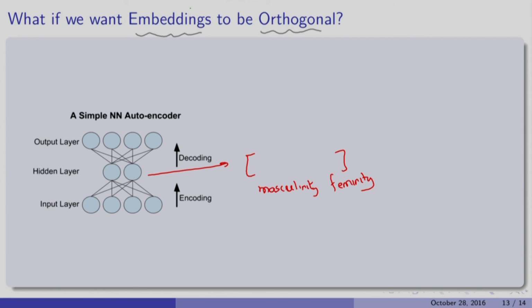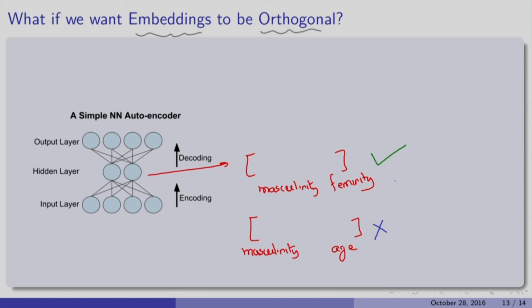This certainly is a case of nearly orthogonal embedding. On the other hand, if your embedding was, say, masculinity and age, they are highly correlated, and therefore this would not qualify as an example of orthogonal embedding.